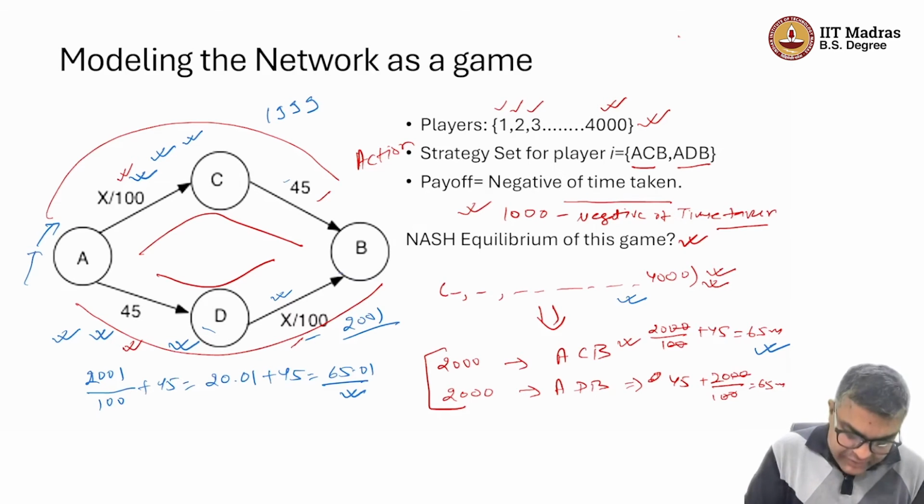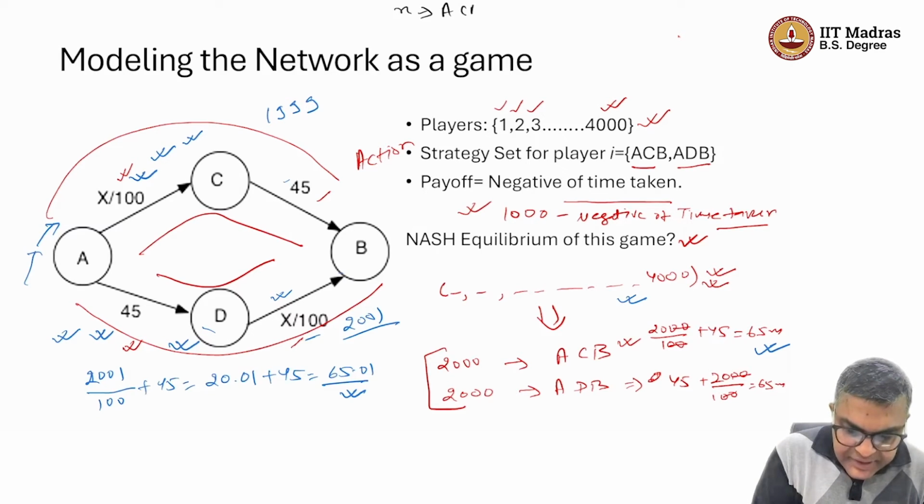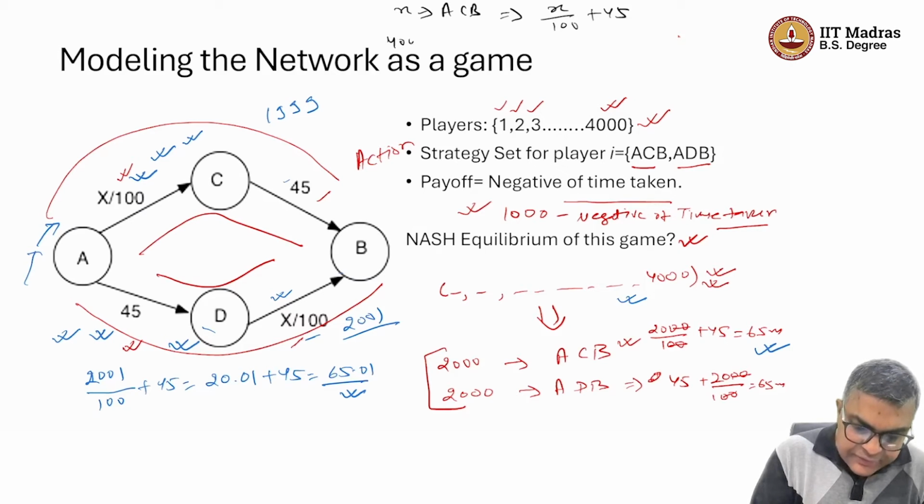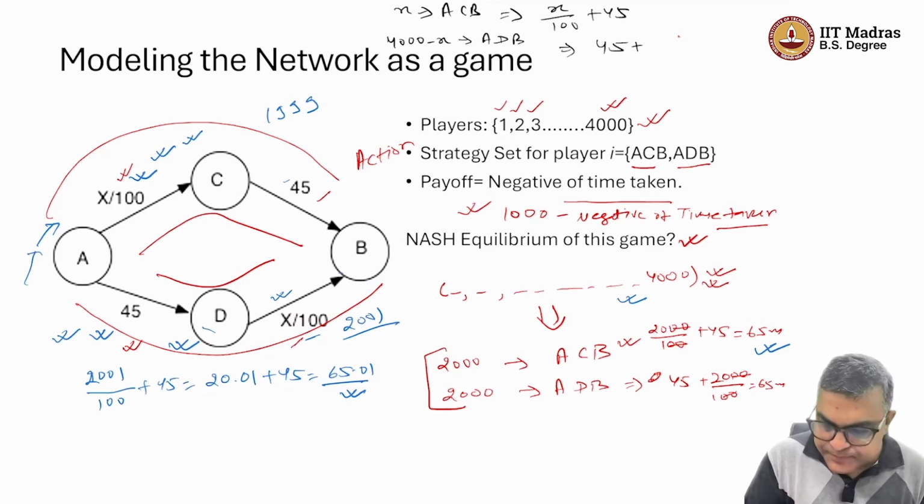But another thing we can say, let us say if x are taking ACB, then they are taking x by 100 plus 45, and if x are taking ACB, then 4000 minus x are taking ADB, then the time taken for them is 45 plus (4000 minus x) by 100.